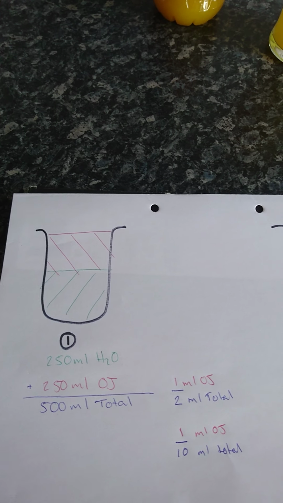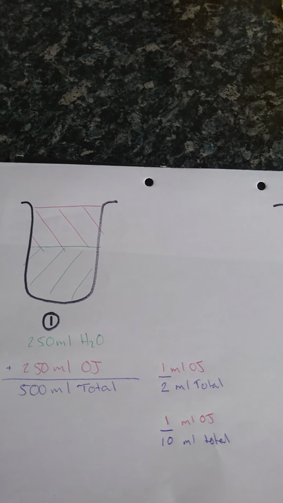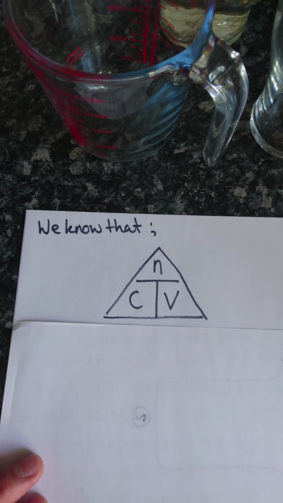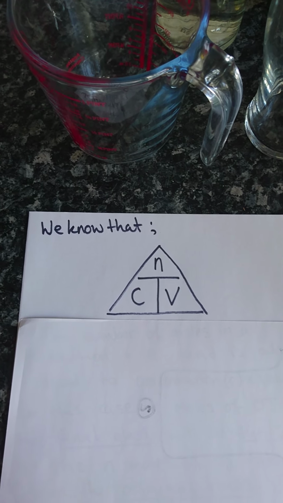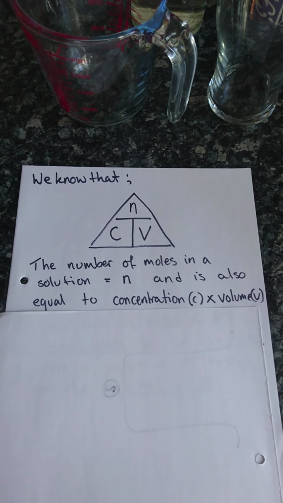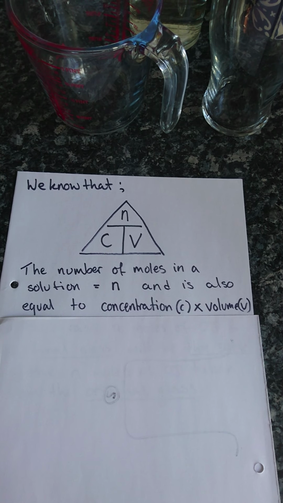Okay, so we're going to look at how we can figure this one out from a chemistry point of view. We already know that the number of moles in a solution is equal to the concentration times the volume of that solution.